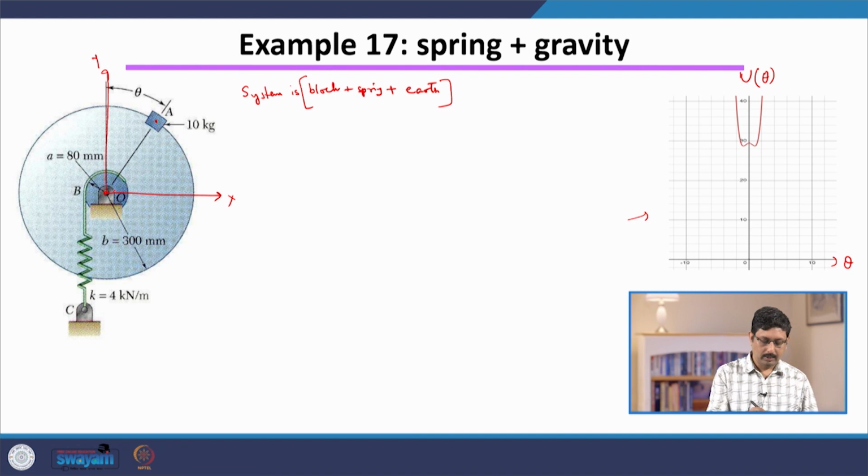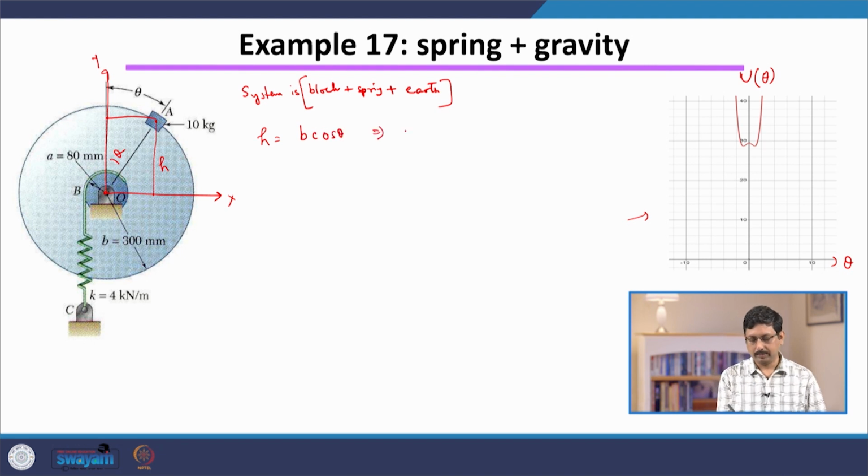If I take the zero reference level of the gravitational potential at the x axis, then its gravitational potential energy is given by the height of this block from the x axis, and from this picture it is clear that this angle is theta, so the height is b cos theta.